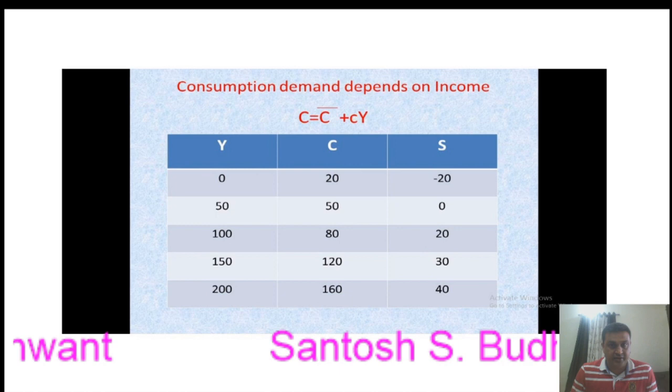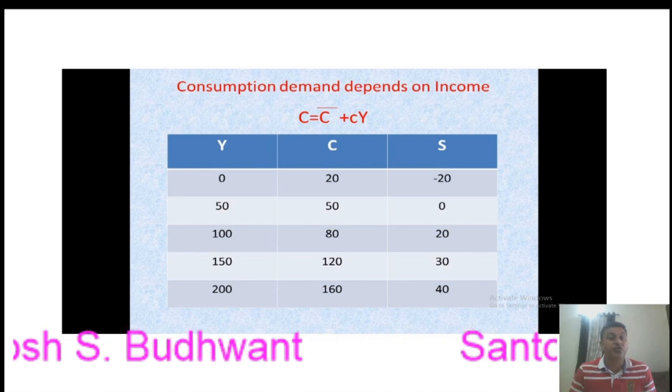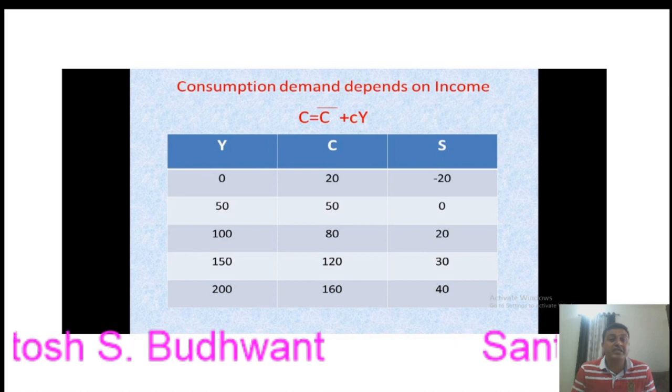But when his income is 50, he spends the total income on consumption, that is 50 again, but saving will be 0. When his income is increased to 100, he increases consumption to 80 and gives priority to saving, and he can save 20.